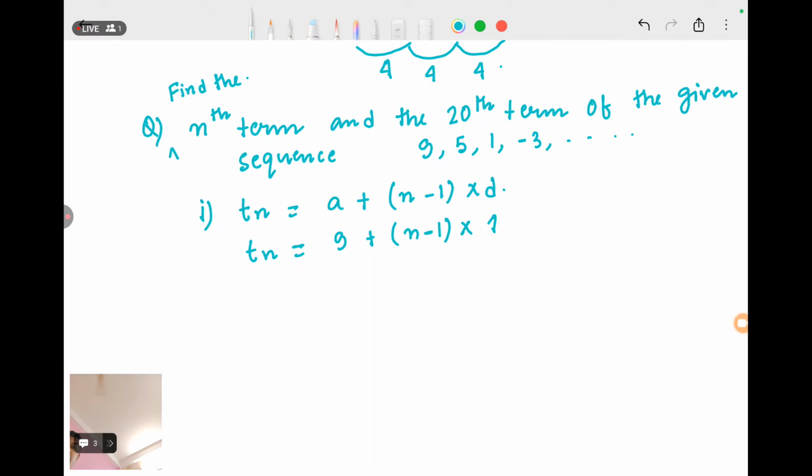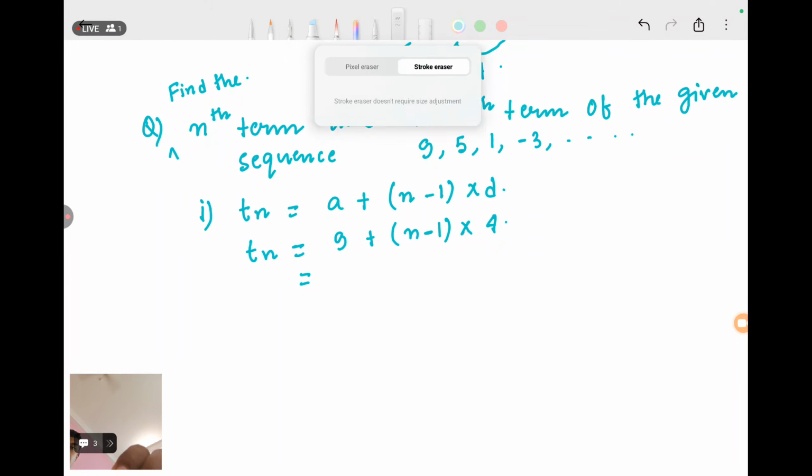I have written the same line twice, so I'll erase it.